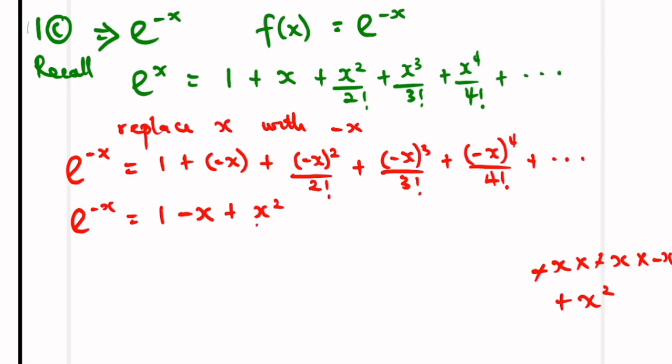This is 2 factorial. For the cube, just like we explained, minus x cubed over 3 factorial. Then for the power 4, it's going to be plus x raised to the power 4 over 4 factorial plus dot dot dot. So this is our answer for exponential minus x: 1 minus x plus x squared over 2 factorial minus x cubed over 3 factorial plus x raised to the power 4 over 4 factorial plus dot dot dot.